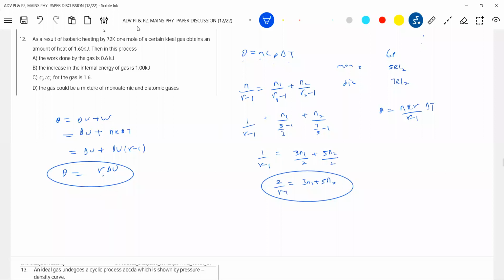Okay, 1.6, I think not possible. 5 by 3 will be how much exactly? 1.667. So it is not, then 7 by 5 will be 1.4. So it's telling 1.6, oh, very near.